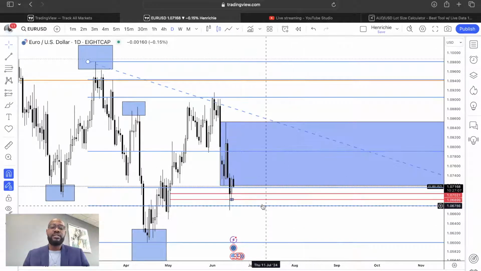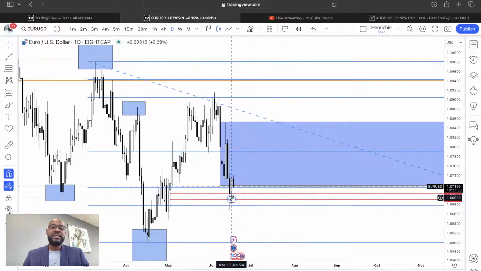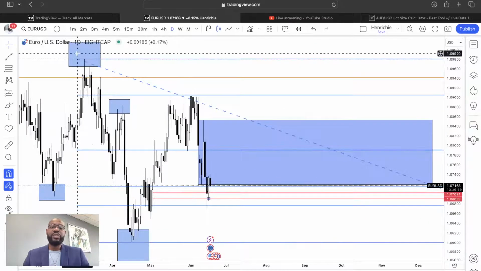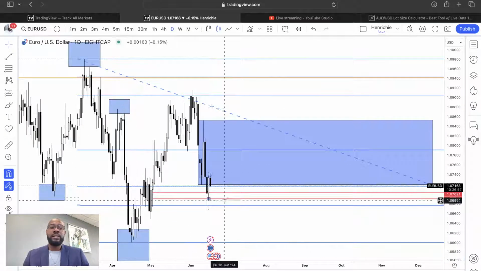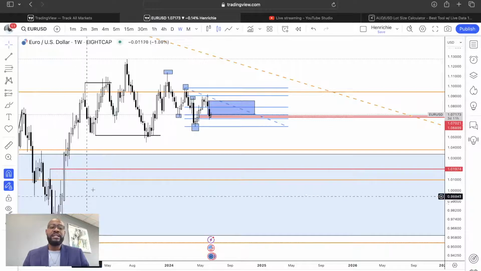If price does not reverse from this key level, because this is the extreme premium, the extreme discount within this range high and this range low, if price does not react or reject, reverse from this point of interest, and we take this low, the next draw on liquidity for me is going to be this key level.